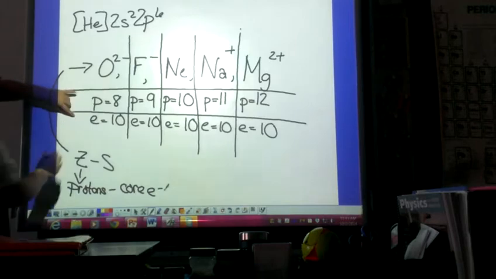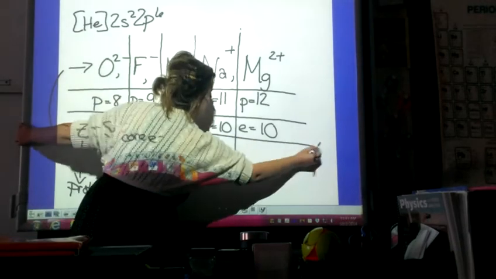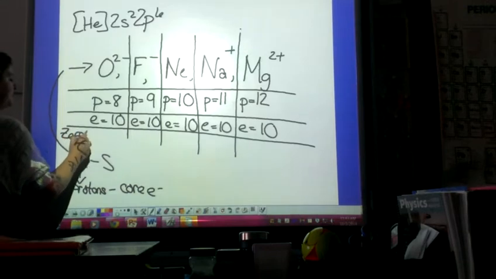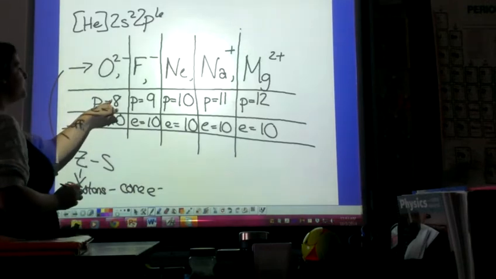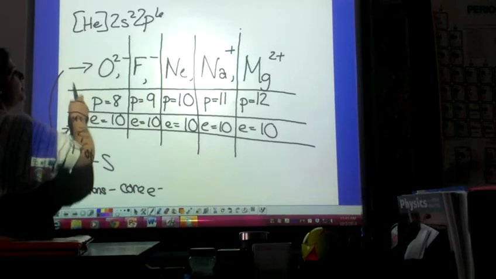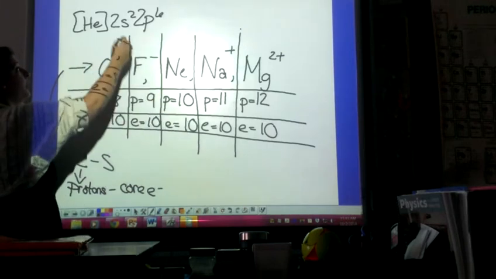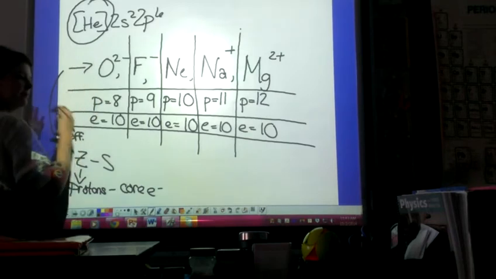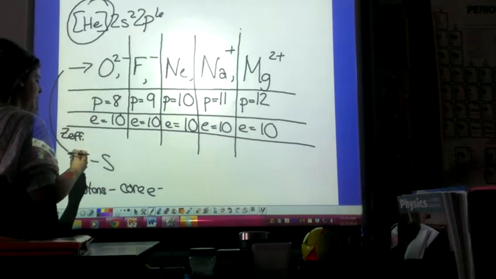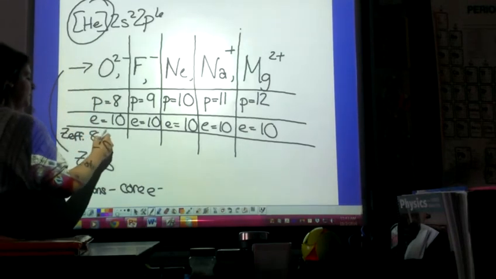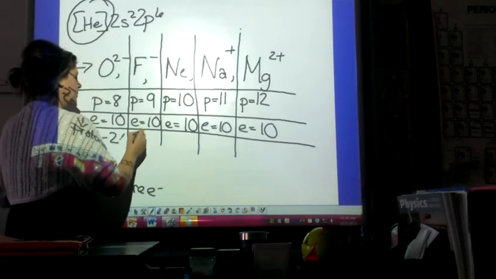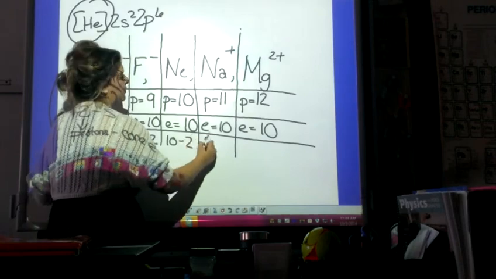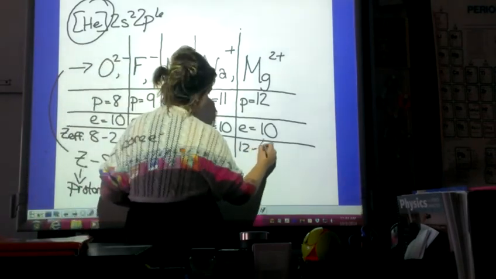Let's make a new row here. For effective nuclear charge, I would do protons minus core electrons. All of these have 2 core electrons, because I have 2 electrons there for helium. So here I would have 8 minus 2, then fluorine would be 9 minus 2, neon 10 minus 2, 11 minus 2, and 12 minus 2.